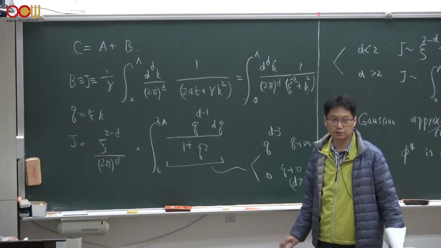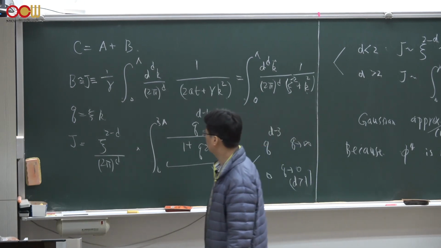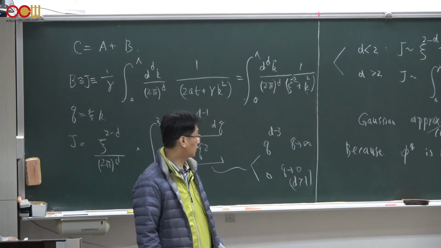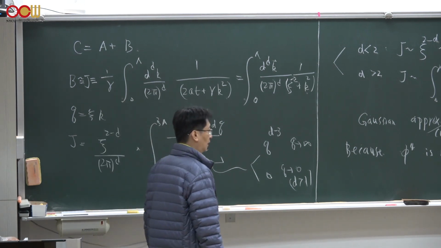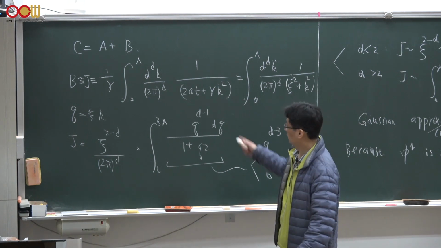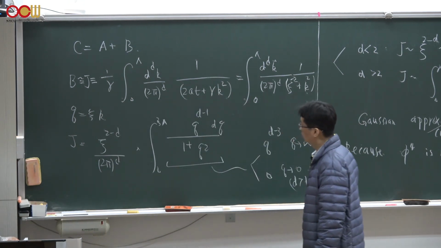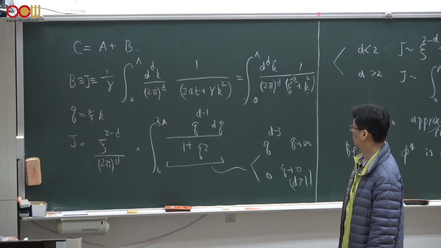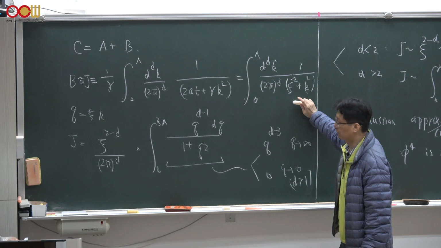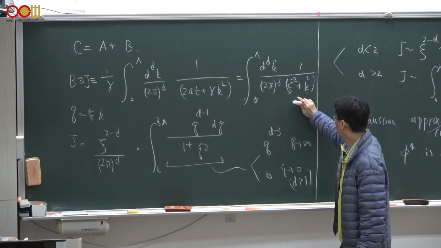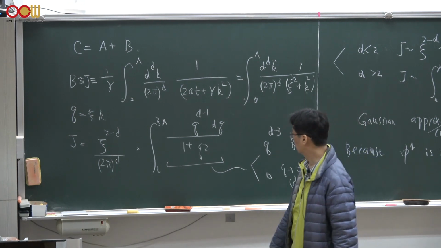Okay, so let's just finish this analysis of this divergence of the specific heat within the Gaussian approximation. As I mentioned, this specific heat c is dominated by this integral a. What about this integral b? The b is defined by this integral, which we call j, given by this momentum integration, where its denominator is just k squared plus c minus 2 as the power exponent.